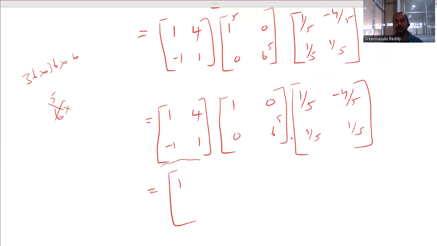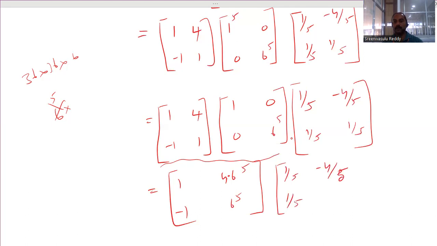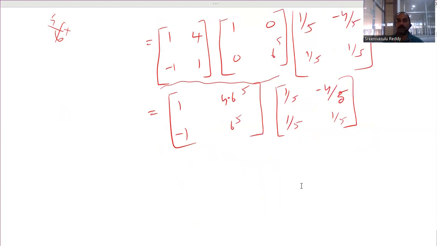Here now I am using the first two multiplications. Then 4 into 6 power 5, first row element. Second row element is minus 1, 6 power 5. Next matrix 1 by 5, minus 4 by 5, 1 by 5, 1 by 5. Now do the row by column multiplication.